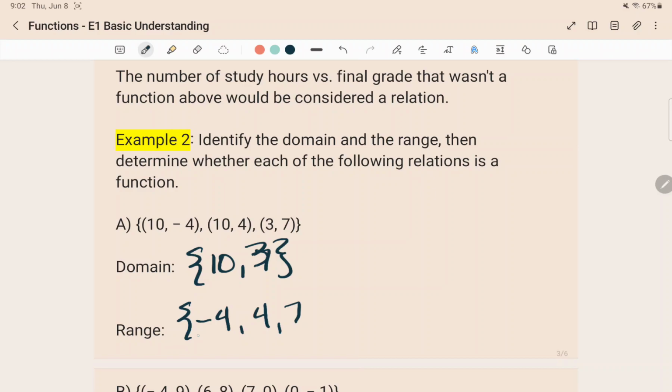For the range, I have -4, 4, and 7. In this case, the 10 corresponds to two different y values, -4 and 4. That makes this not a function.